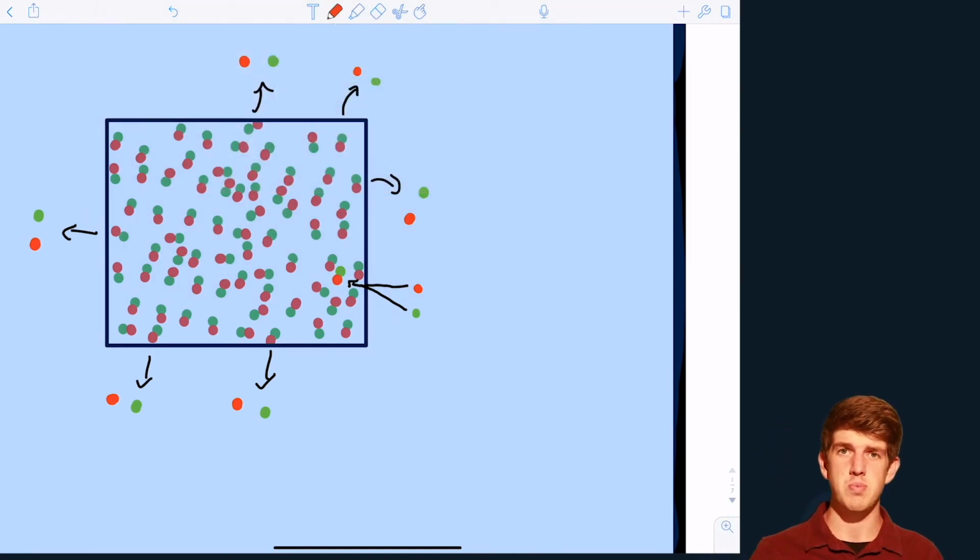So at this point, the rate of precipitation, the rate of Na+ and Cl- coming out of solution and becoming a solid, is equal to the rate of NaCl dissolving and becoming Na+ and Cl-. The rate of precipitation is equal to the rate of dissolving.